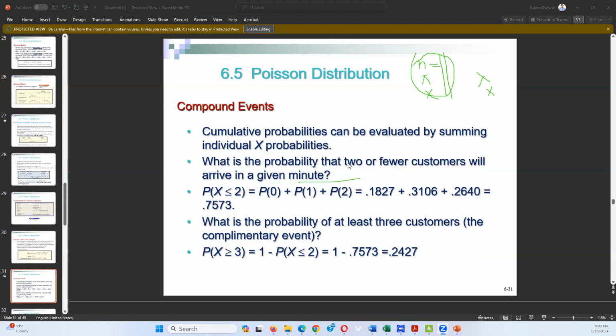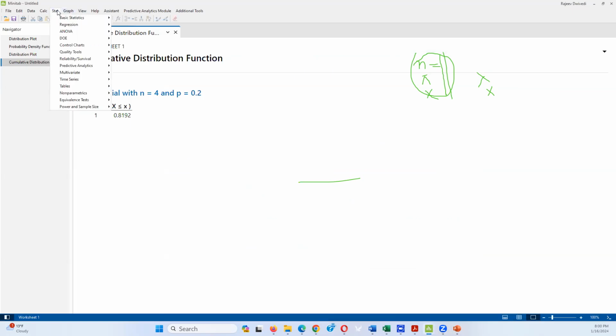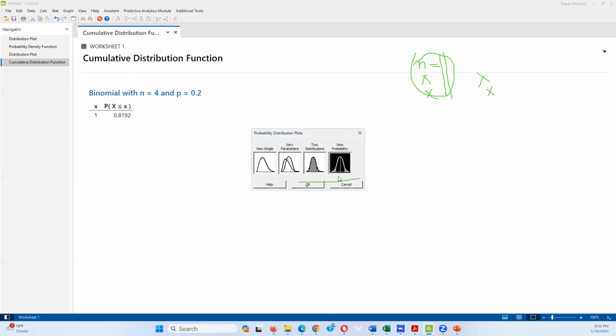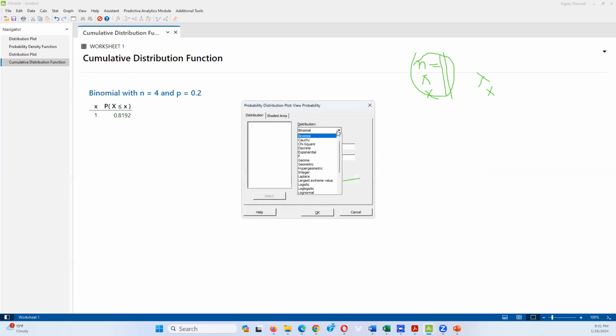So here you can see the X value. What is the probability that less than or equal to 2 customers will arrive? That means it has to have all the previous values together. Let's do this in just a minute. I go to graph, probability distribution, and now I select Poisson.